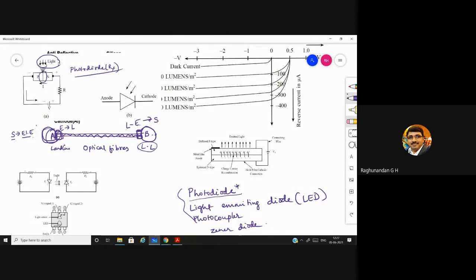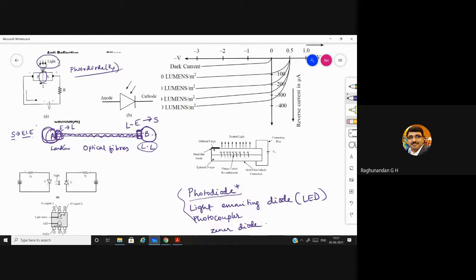So here, suppose this diode is forward biased, what happens? He will not get the actual signal. The actual signal is the light signal. That signal has to be converted to electrical signal, and in that electrical signal the information, or the voice he is giving out, will be available.